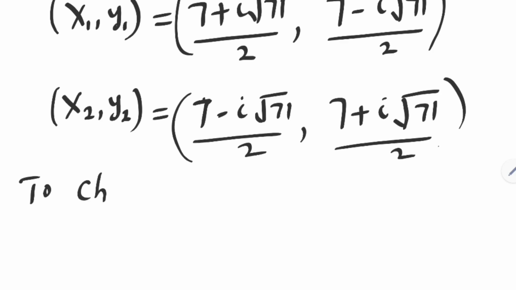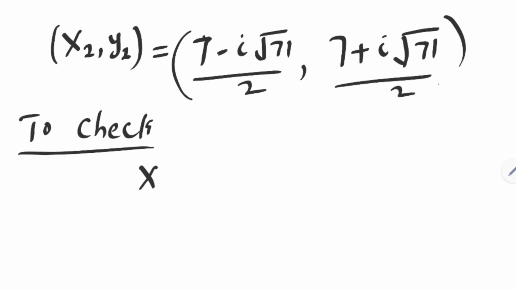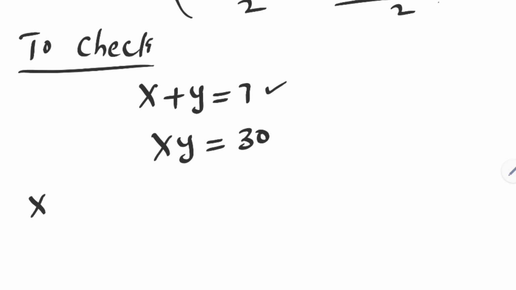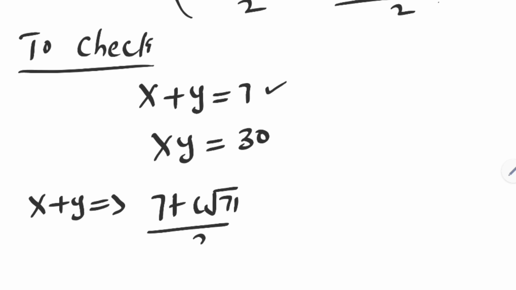To check, the given equations are x plus y is equal to 7, xy is equal to 30. Let us consider this. x plus y can be written as 7 plus i square root of 71 divided by 2 plus 7 minus i square root of 71 divided by 2.